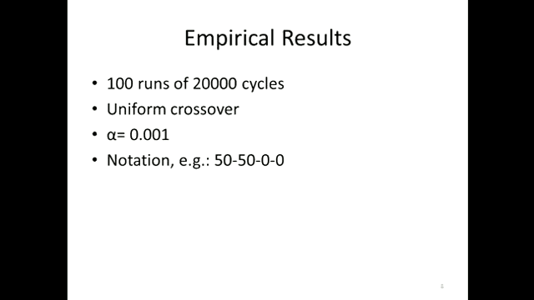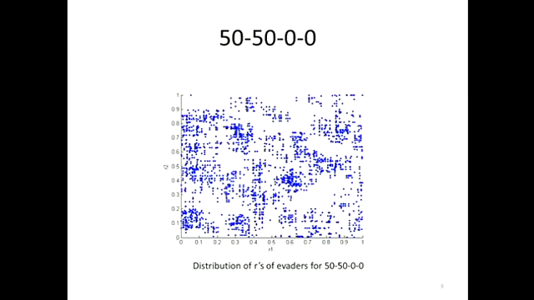The notation, which you already saw in the movies, is first the number of individuals in the evader population, then the pursuer population, and then you see the preg time and growth time, which initially is 0, which was the case in the movies I showed. Then at the end of each of those runs, how many were it? 100, I assume, we print out all the R1s and R2s for a population.